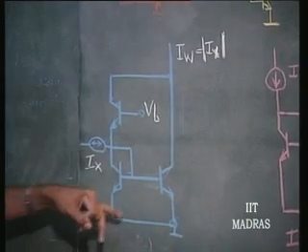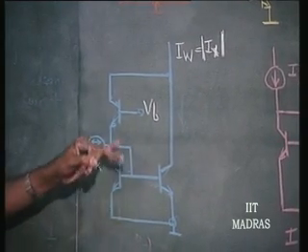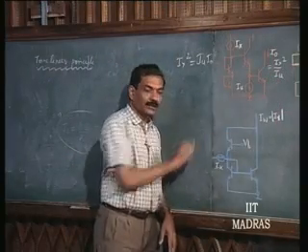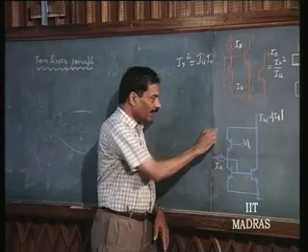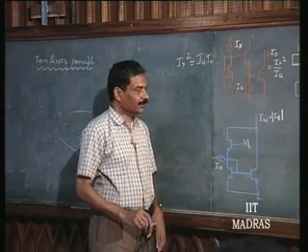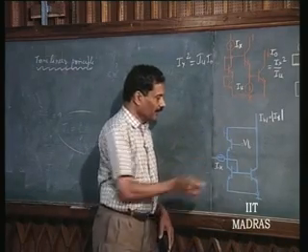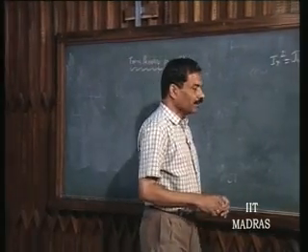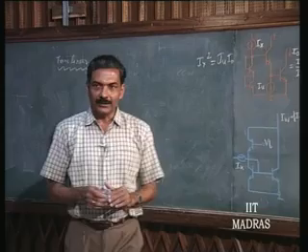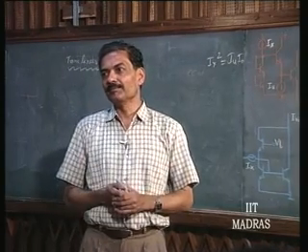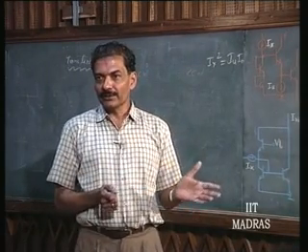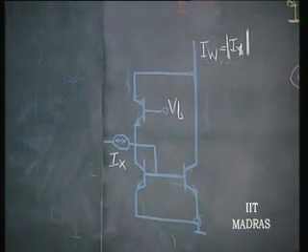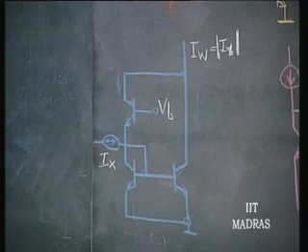So that when this is conducting, this is basically off. So, this is going to carry a current in the opposite direction, and therefore, we have this circuit operating in either direction, and therefore, Iw is nothing but the magnitude of the current.